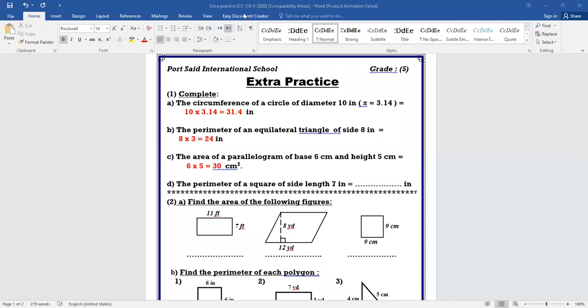Perimeter of a square of side length 7 inches. 28 inches.